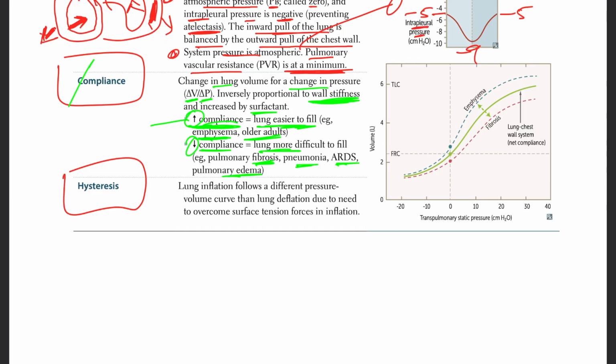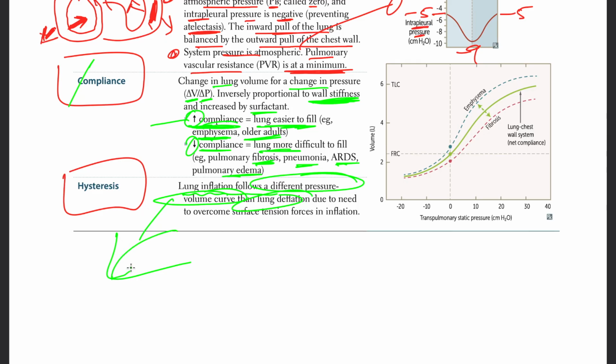The last one is hysteresis, meaning lung inflation follows a different pressure-volume curve than lung deflation. So basically, expiration is a normal curve, but inspiration is not so normal, though they have to equal.